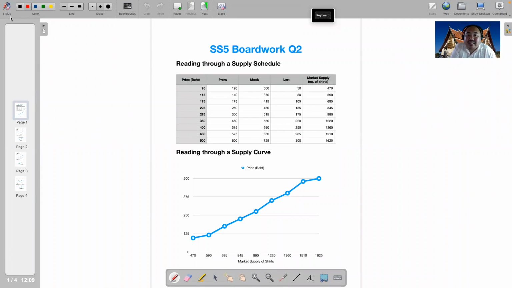So let's get started. Here you will see our imaginary market of shirts once more. And this time we have three suppliers, Pram, Mook, and Le. And you will see their individual supply schedule.